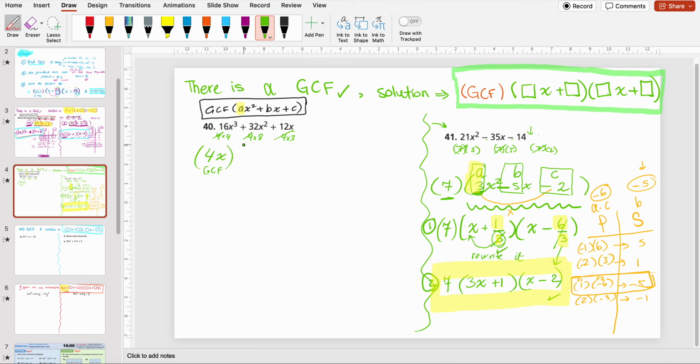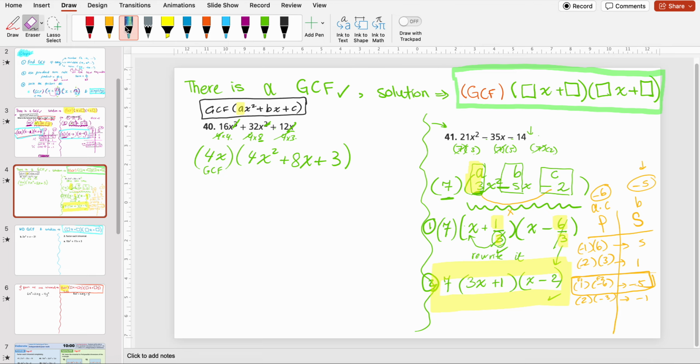Now we have 4 and we took an x, so I have 4x squared. I took an x, I have now 2 more. I have 8, I took an x, then I have 1x, so basically positive 8x. Then positive 3, no more x. Now use the product sum rule.